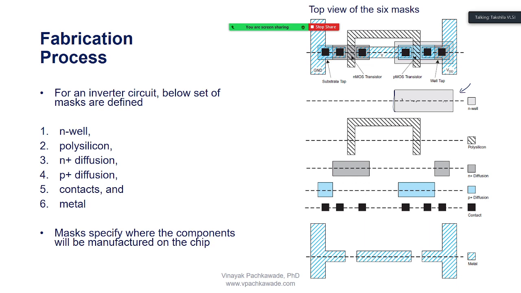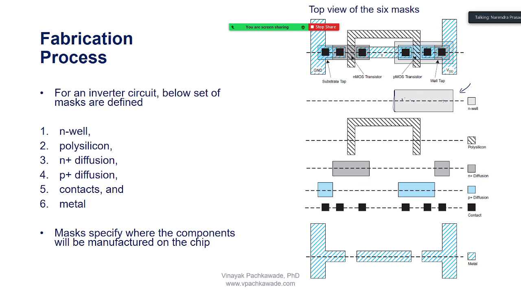When the ultraviolet light passes through this mask, it falls onto the photoresist and that will be melted away. It is a layer that specifies where I want to fabricate a particular thing, for example well, polysilicon, or diffusion and all that.